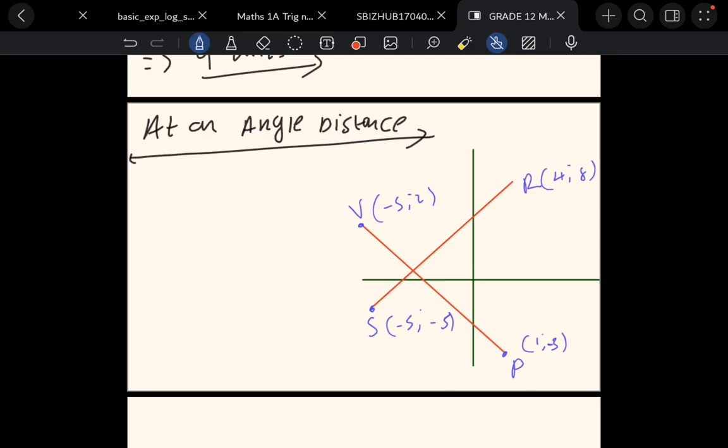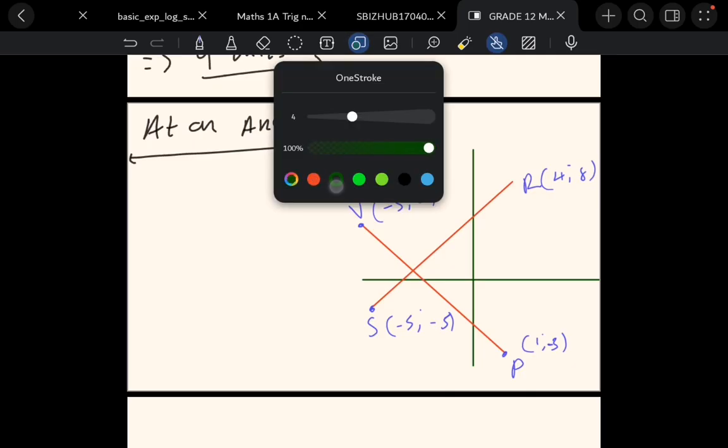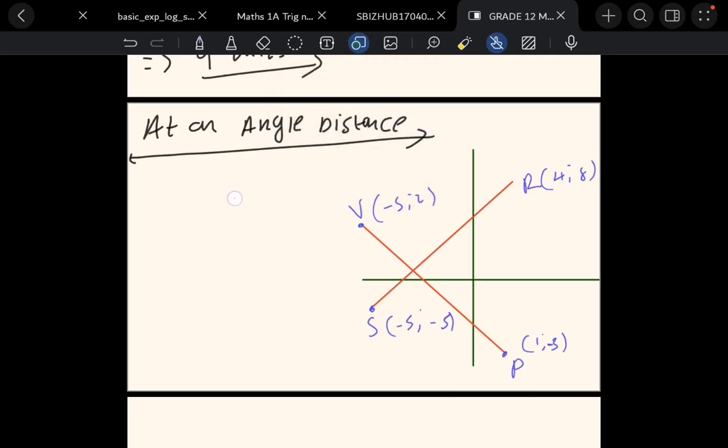Now, can I draw another Cartesian plane and discuss what will be the distance?